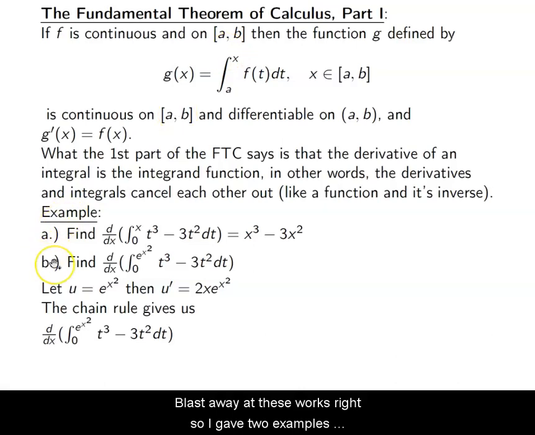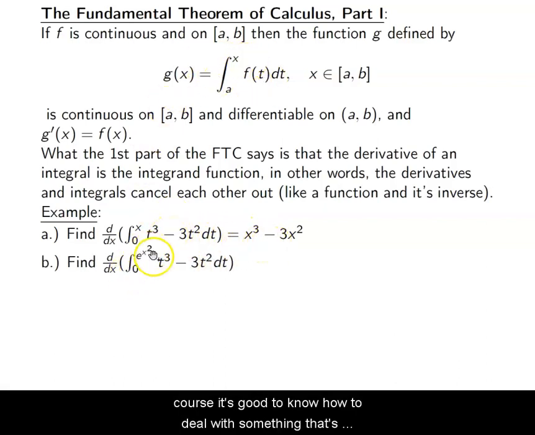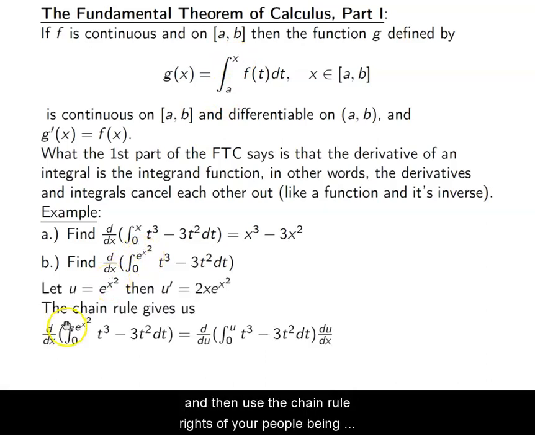So I gave 2 examples, one that's very, very straightforward. This is the kind of problem you're going to see most often when you see these. However, of course, it's good to know how to deal with something that's a little out of the ordinary. So when you see a function here, instead of just regular x, you want to make a u substitution and then use the chain rule, right?